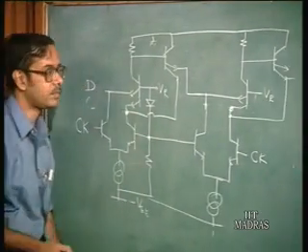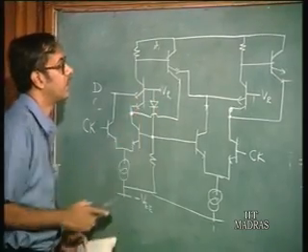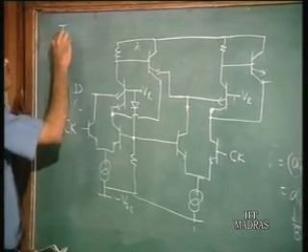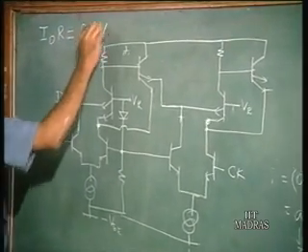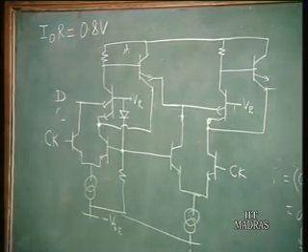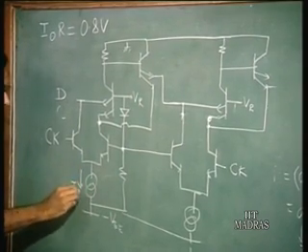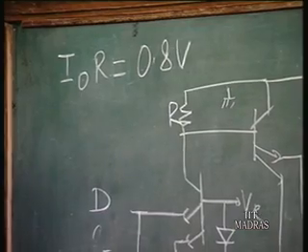So, what is it going to be here and whether it satisfies the requirements. So, now let us assume for example that I naught into R is equal to 0.8 volts. That is the current source value I naught into the resistance R is equal to 0.8 volts.